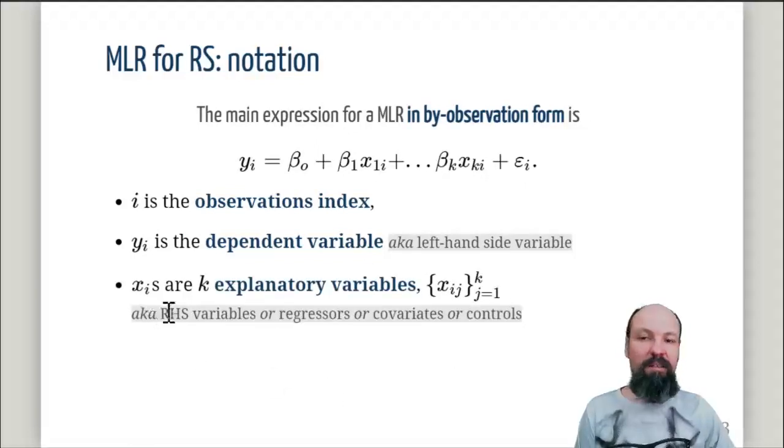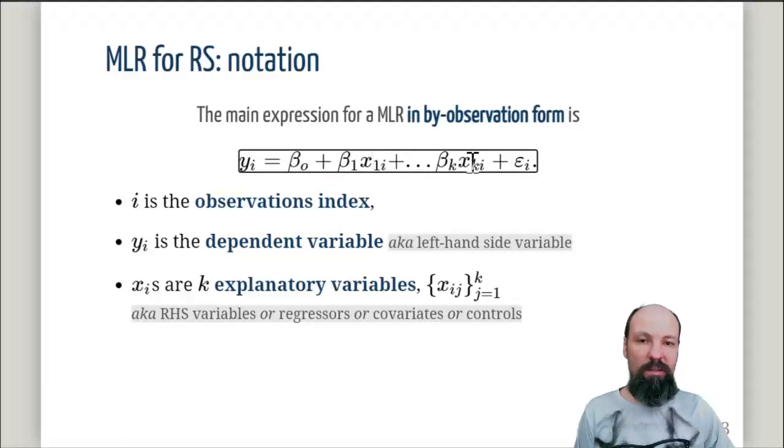And the x's are, well, there are k of x's from 1 to k, and there's also one extra, which is the constant here, but we don't see it yet. Other so-called explanatory variables, or technically right-hand side variables because they appear on the right-hand side of the regression.